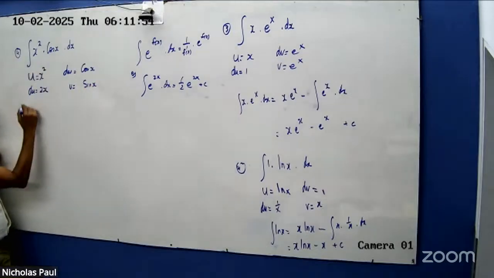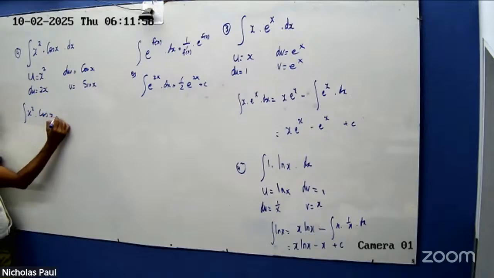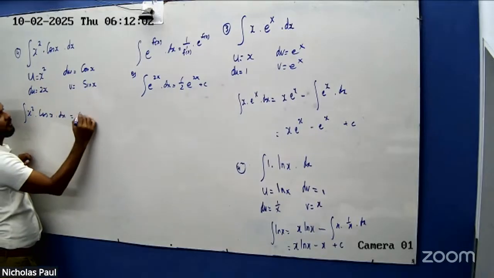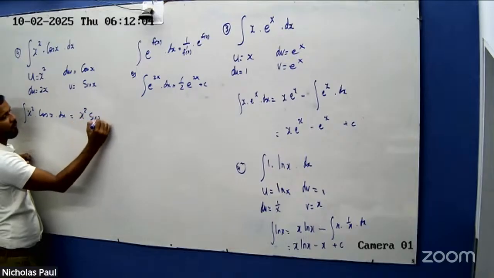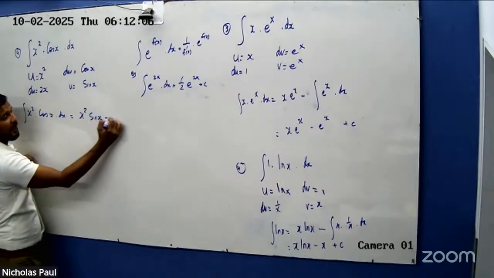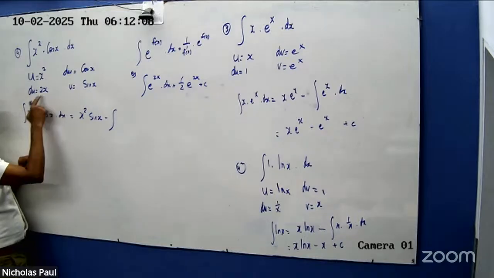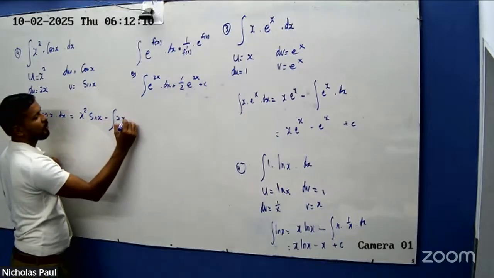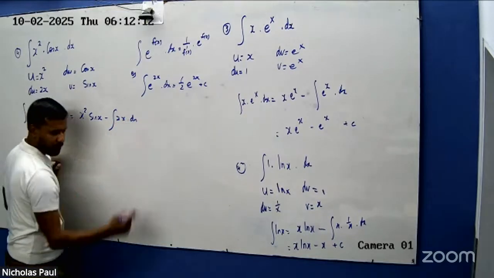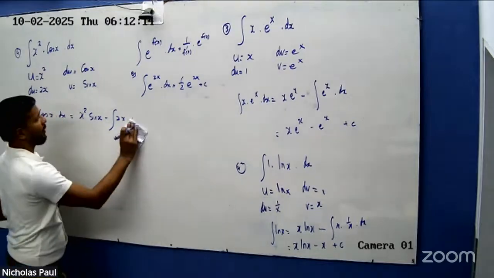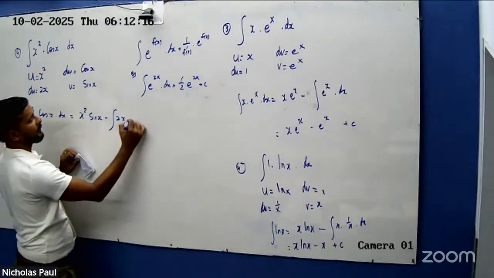So now the integral of x squared cos x dx is u times v, minus the integral of v times du, which is 2x sin x.